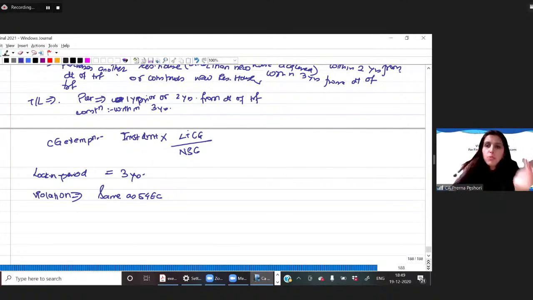So these are the two options given, 54EC and 54F. Clear, Ramaya? Any other doubt?